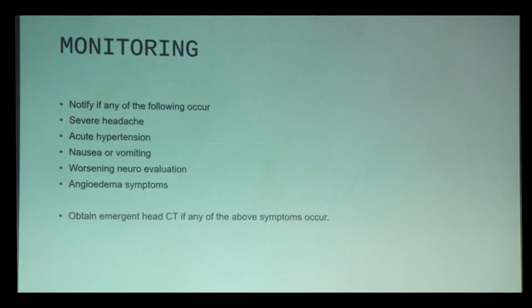In case the patient has any drop in sensorium, severe headache, vomiting, worsening, any angioedema symptoms, any rise in blood pressure or bradycardia, immediately stop the infusion and shift the patient for a CT brain.